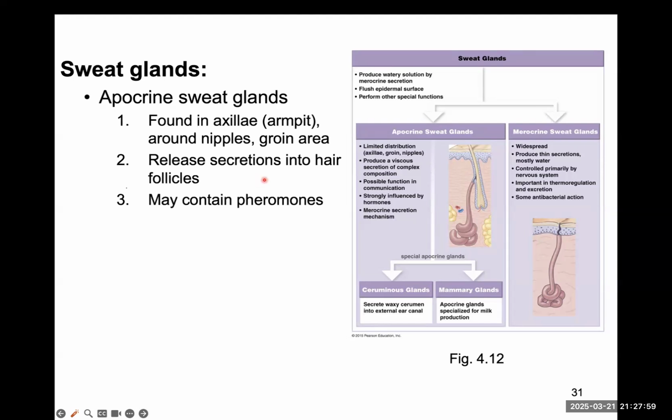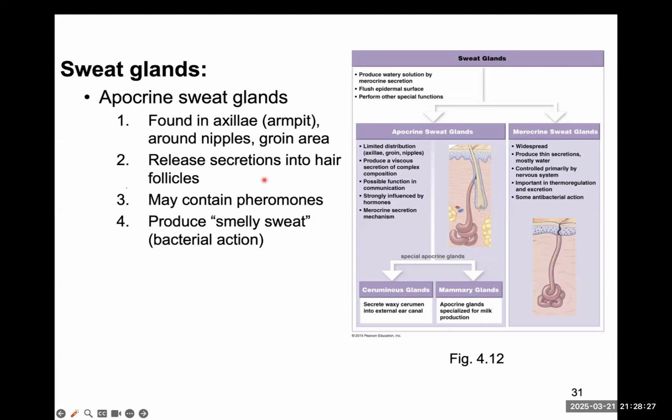Pheromones are like hormones, except that pheromones leave your body and go to another person. Hormones stay in your body, and they are used to communicate from one organ to the next organ. But if you release the chemical outside of your body and it goes somewhere else and changes the behavior of another person or animal, it's going to be called a pheromone.